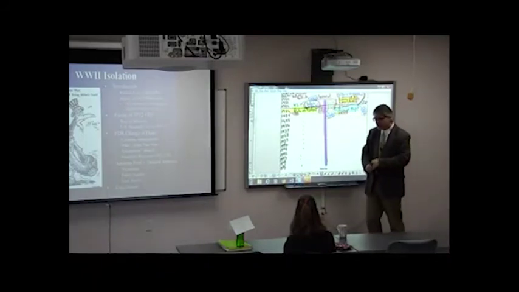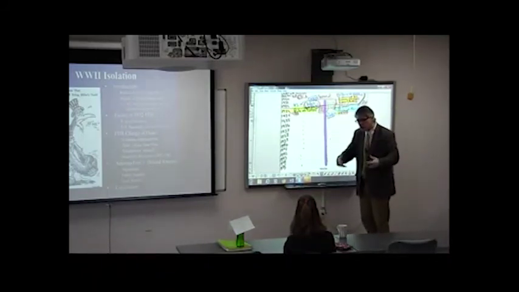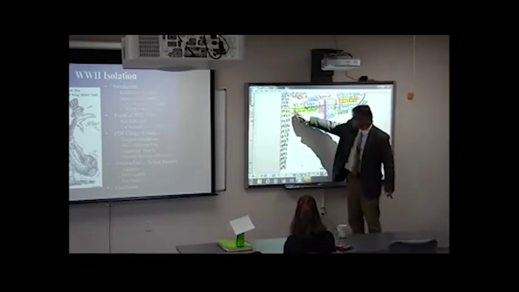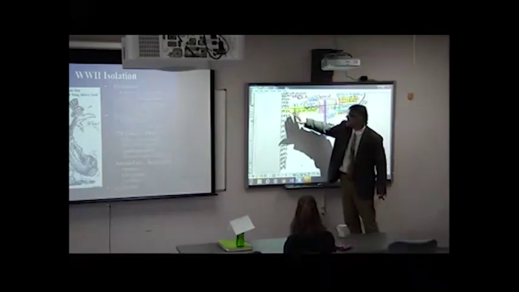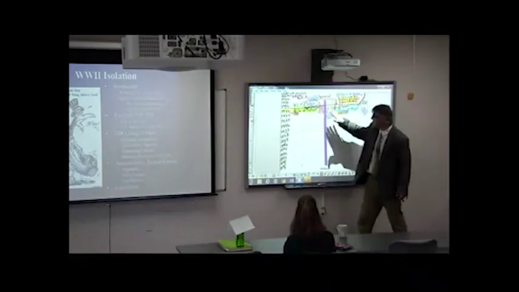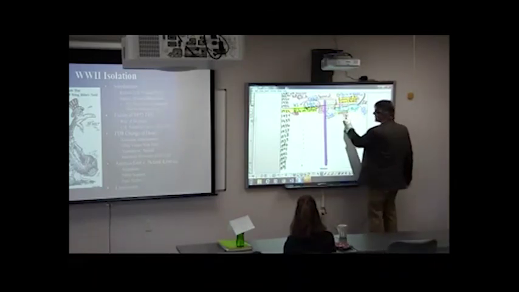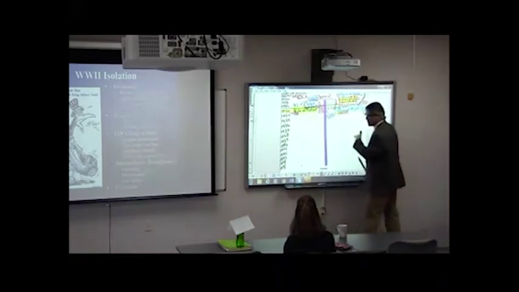FDR is not systematically removing the democratic apparatuses. The government, or the American society, is not in chaos. There's very few similarities between the United States and Germany in 1933. So the best connection is that they were both elected, but they're not the same.